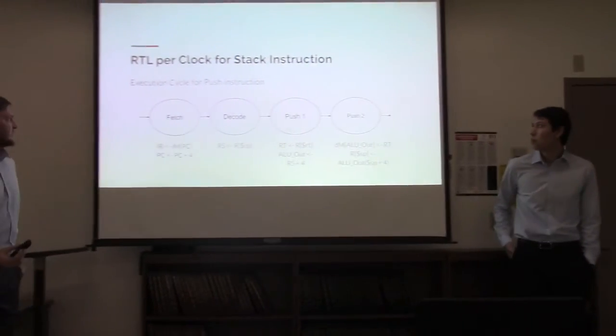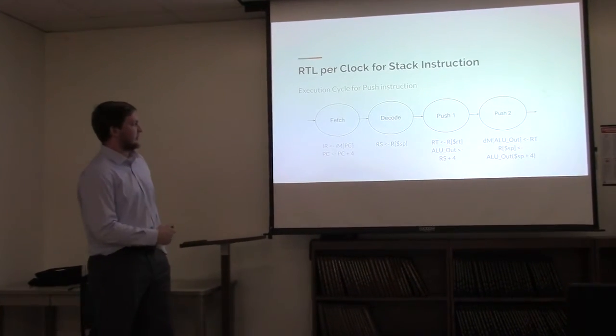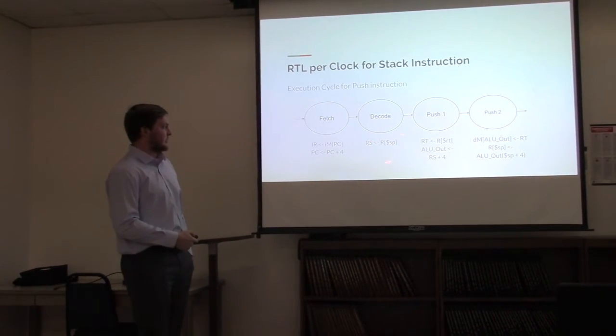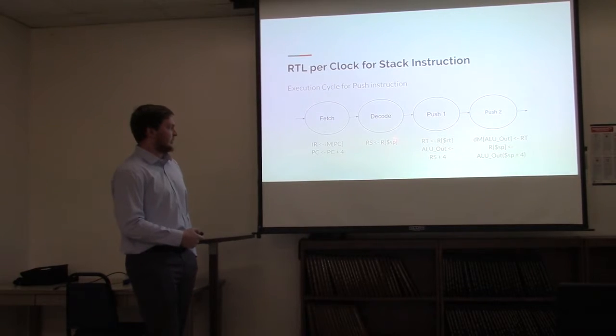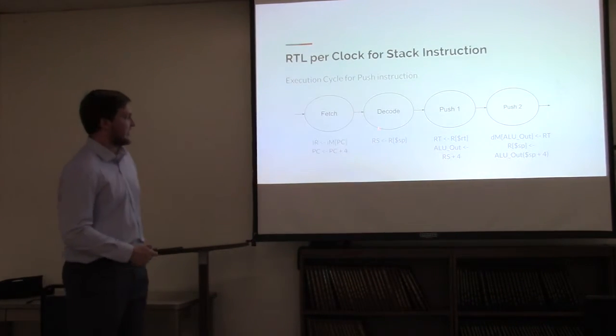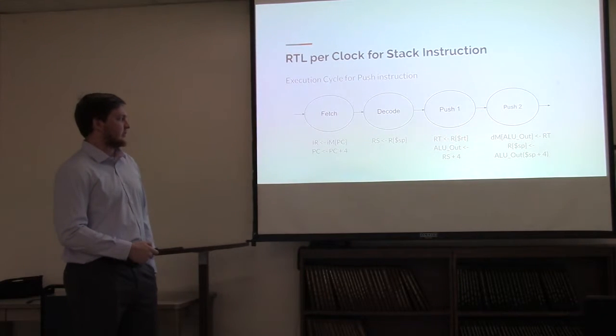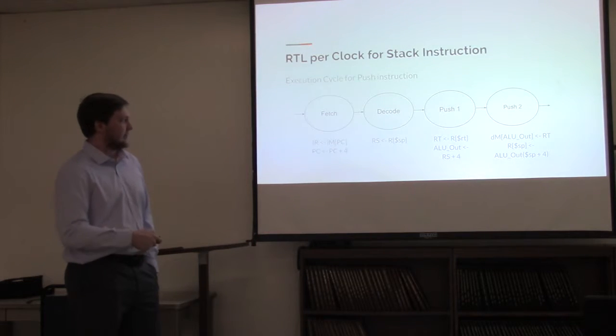And then for our stack instructions, we're going to start off with our push. Fetch happens, decode only needs to obtain the stack pointer to RS, which is assisted by that mux we added. And then in the first state of push, our register file gets read at address RT into RT.